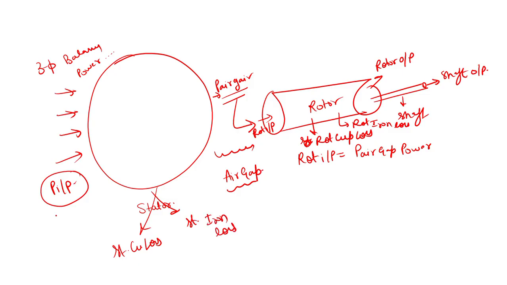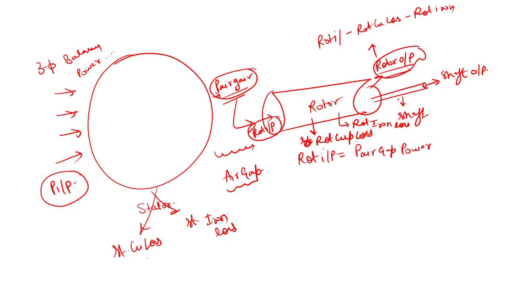So P input minus stator copper loss and stator iron loss gives the P air gap power, okay? And this P air gap power is equal to rotor input. And when you take rotor input minus rotor copper loss and rotor iron loss, you will get what? Rotor output. This is the shaft basically.